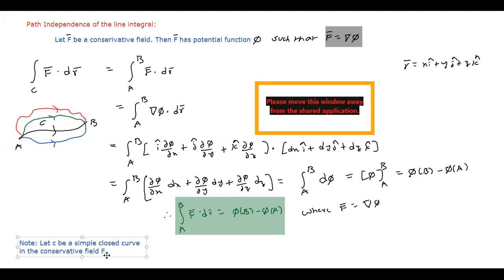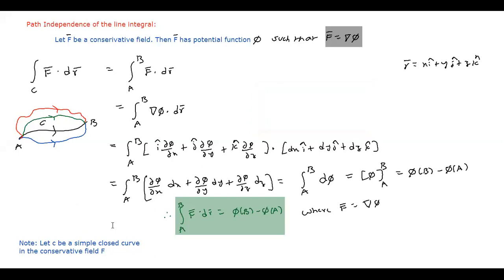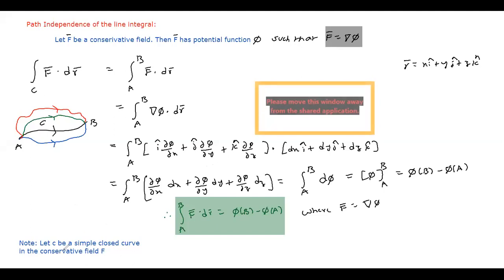Somebody is saying Green's theorem, but when can I apply Green's theorem? Only when it is in the xy plane. Did I say that the curve is in the xy plane? No, I did not say. So it may be a space curve also. I don't know whether it is in space or in the plane.